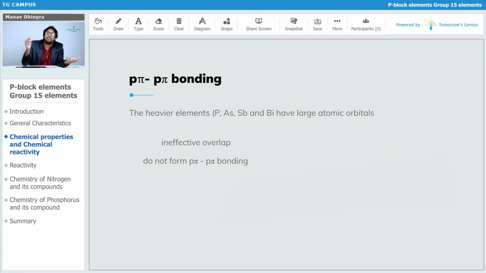We have already discussed it: because of the very small size of the nitrogen atom, nitrogen has a high amount of electron repulsion, because of which the stability of the nitrogen single bond is very low, and that is the reason nitrogen forms multiple bonds. Why? Because of the electrons in the case of a single bond, what will happen?